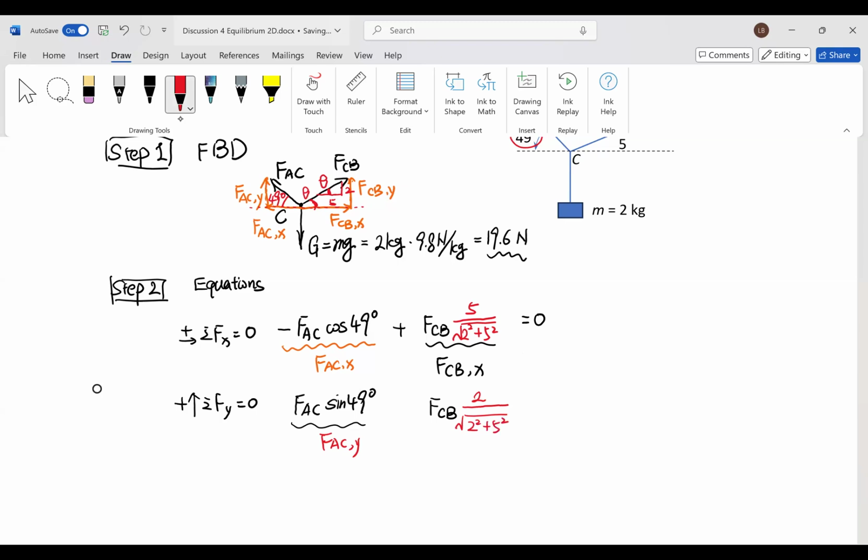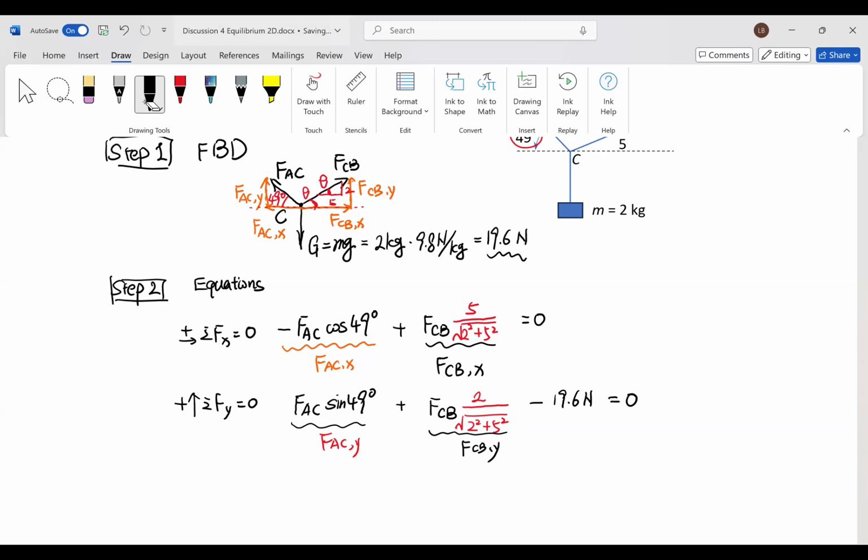That is actually the sine of theta here, and this as a whole is our FCBY. Again, positive or negative? It is positive, because FCBY is going upward. Is that all we have? And please note we have graphed it: the magnitude is 19.6 Newton, and it is going downward, so it is negative. Okay, that is all we have.